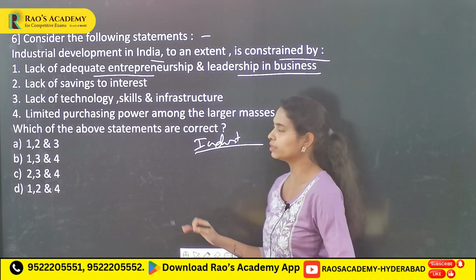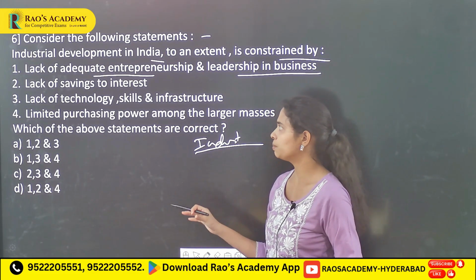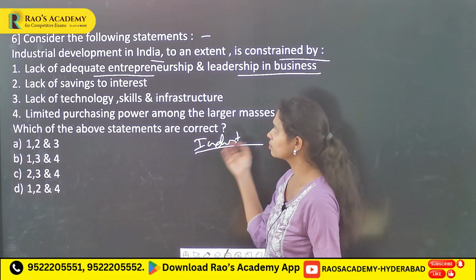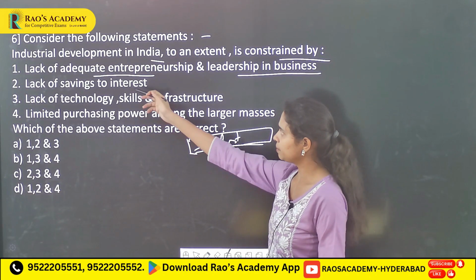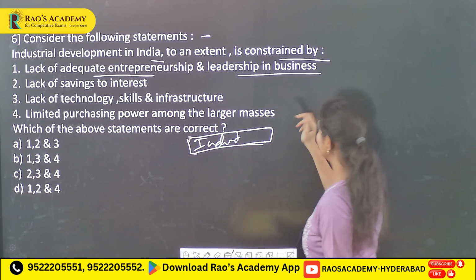Usually for industrial development, entrepreneurship as well as leadership is very essential for the innovation of different entrepreneurs. So in India, the industrial development is lagging mainly because of the lack of these entrepreneurs as well as the leadership in business, which is a correct one.